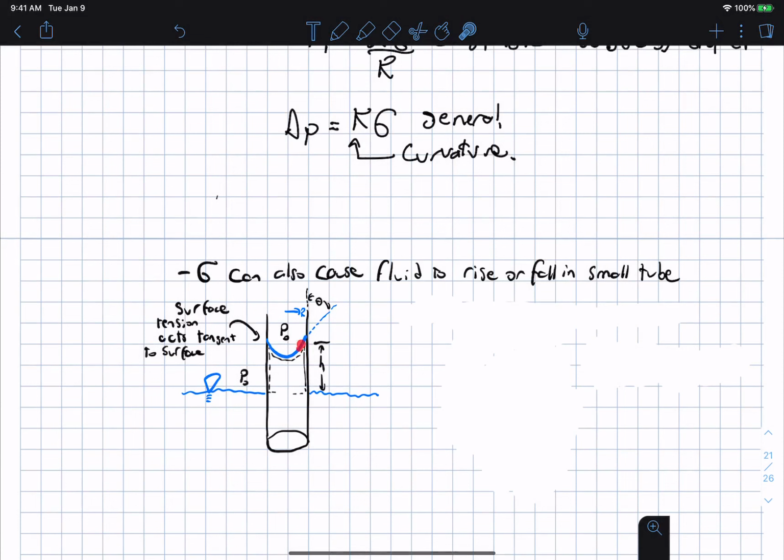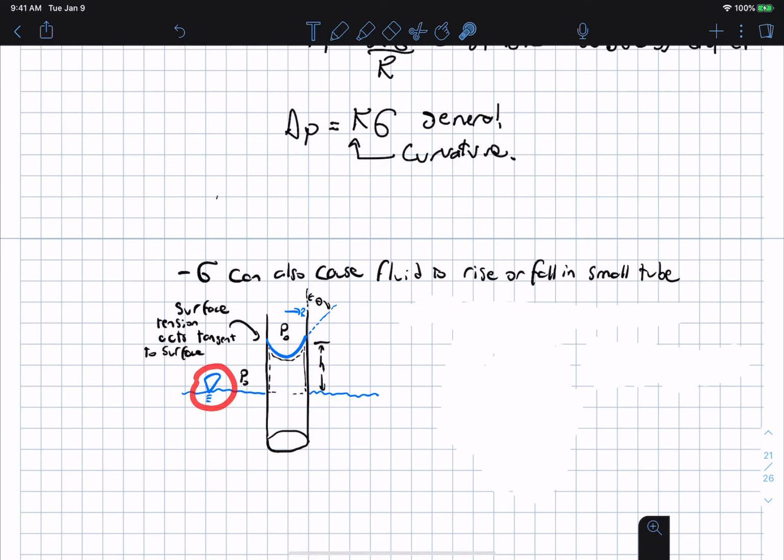And so here the surface is at some angle, theta, and they actually measure that angle. It's called a contact angle. And so again, we do a free body diagram of this fluid element right here, because we know the water's not falling down, it's not rising up, and it's not accelerating in any way.